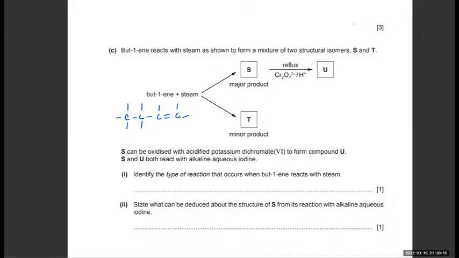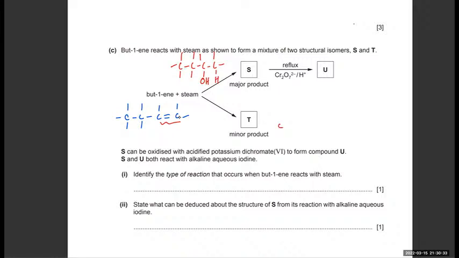So you have the major product. The major product will be that you'll have OH over here on the second one and H would be on this one, right? And the rest are all H. The minor product would be that it attaches the other way.